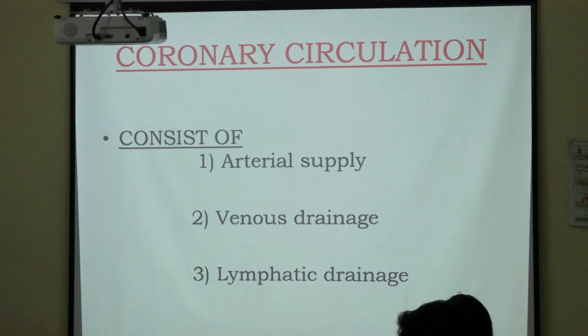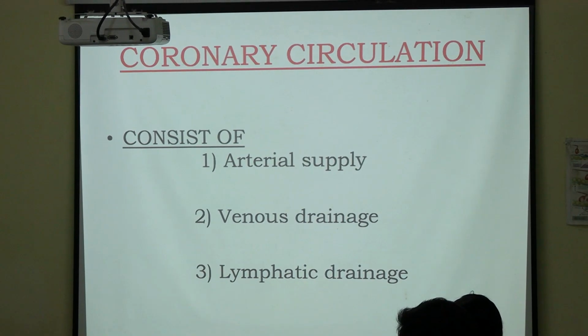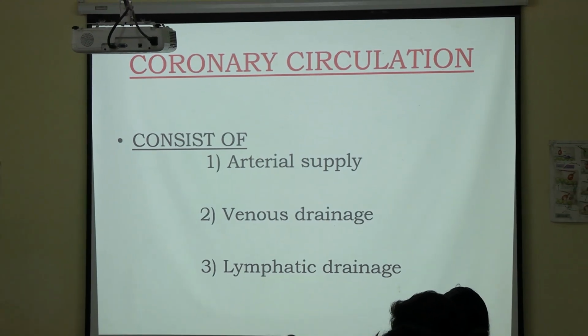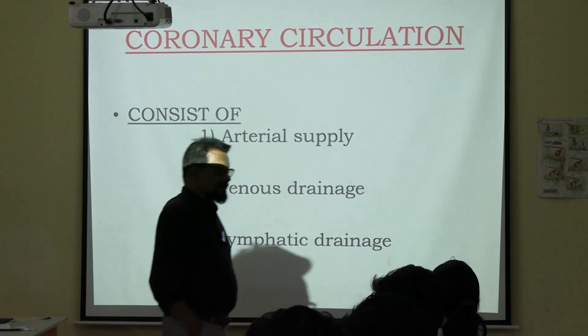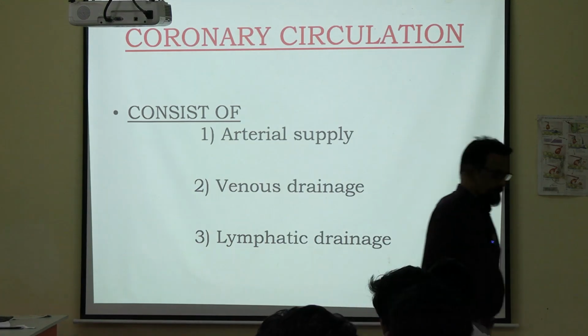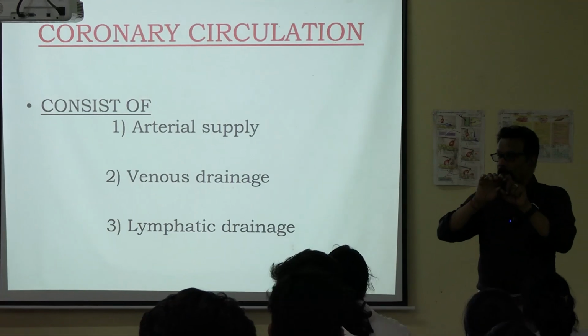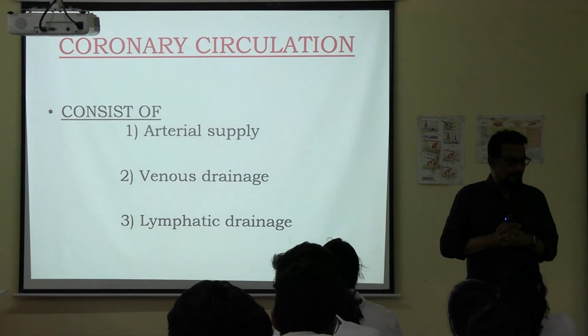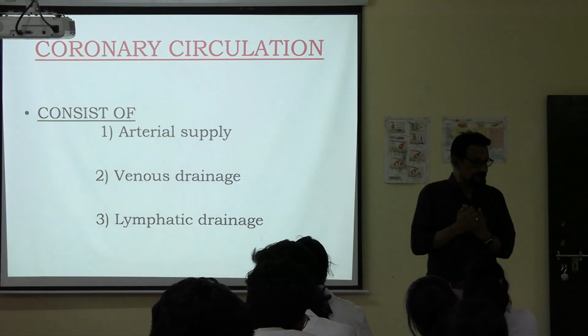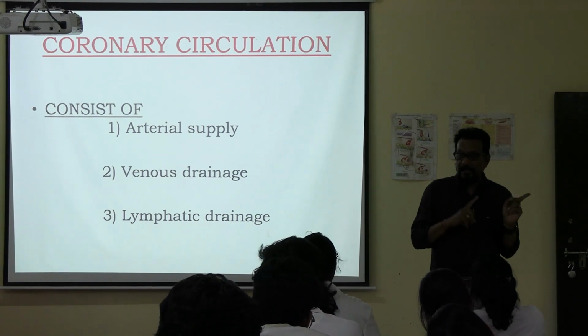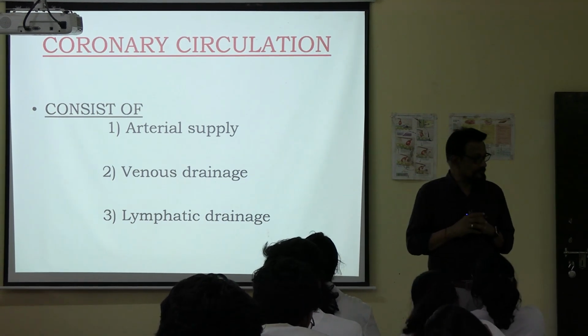Coronary circulation comprises an arterial system, a venous system, and a lymphatic system. The arterial supply is mainly made by two important arteries. What are these? Left and right coronary arteries.